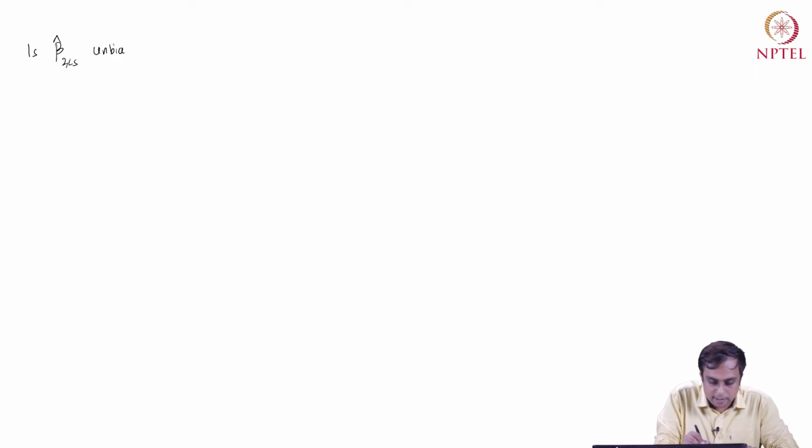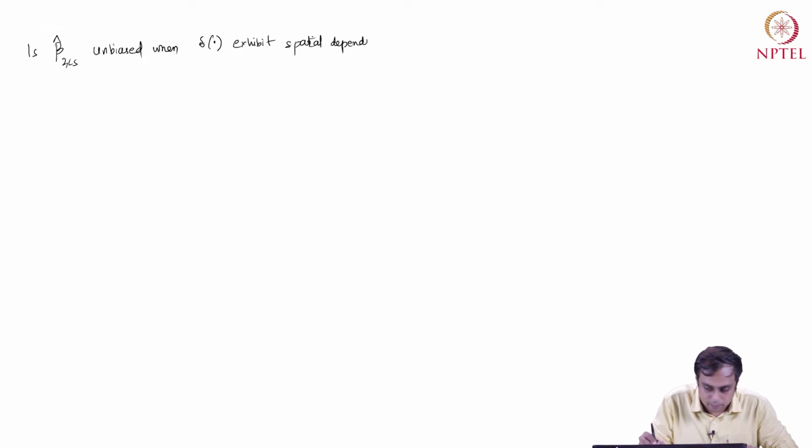Okay, so what we are asking is, is beta hat 2 LS unbiased when delta Sn, or let's say, I don't want to complicate the notation, when deltas, that is the model errors, exhibit spatial dependence? This is the question.